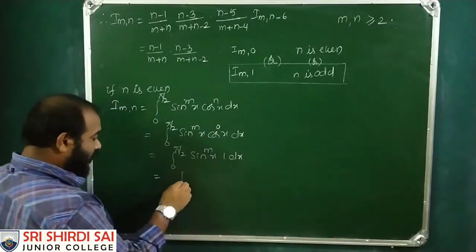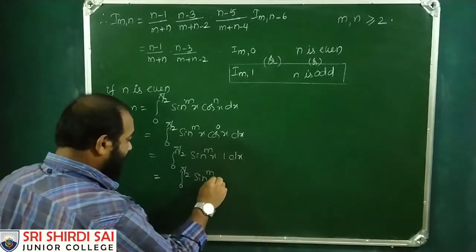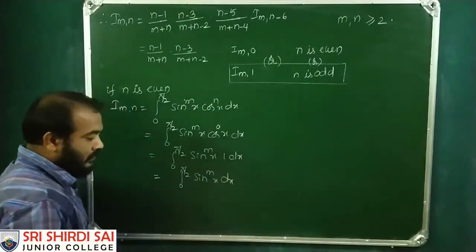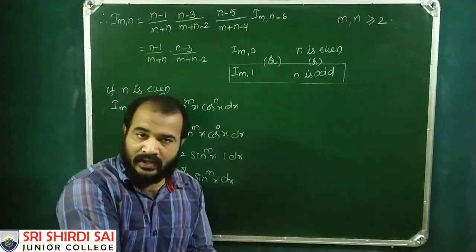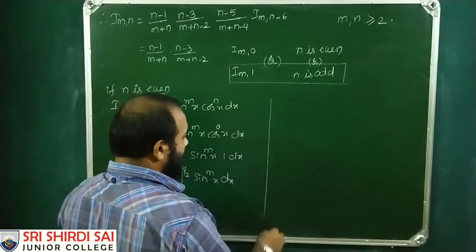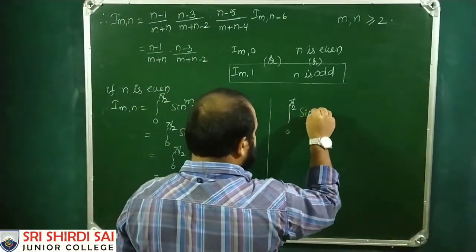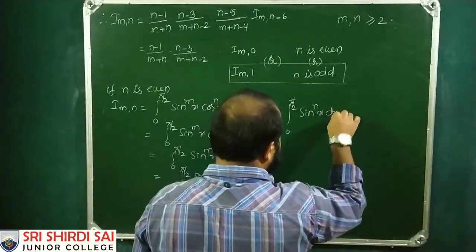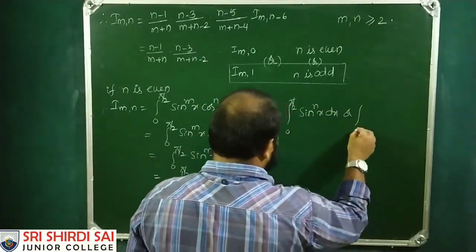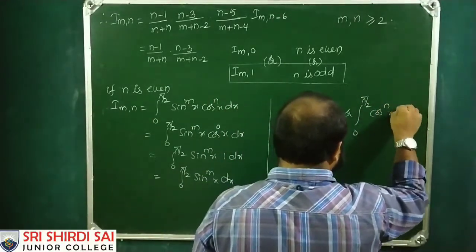So this will be integral 0 to pi by 2 sine power mx dx. At the beginning of our session we discussed the integral 0 to pi by 2 sine power nx dx or integral 0 to pi by 2 cos power nx dx.